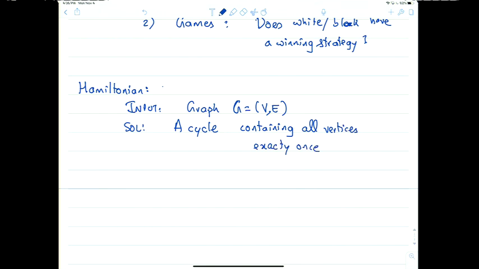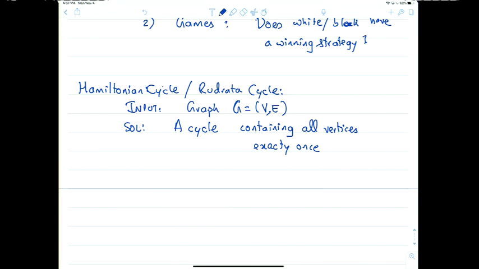So this is the Hamiltonian cycle problem, or it's also in the book referred to as the Rudrata cycle problem. So you're just given a graph, and you want to know if you can go through every vertex and come back without repeating any vertex, right? Okay, so that's the Hamiltonian cycle problem.